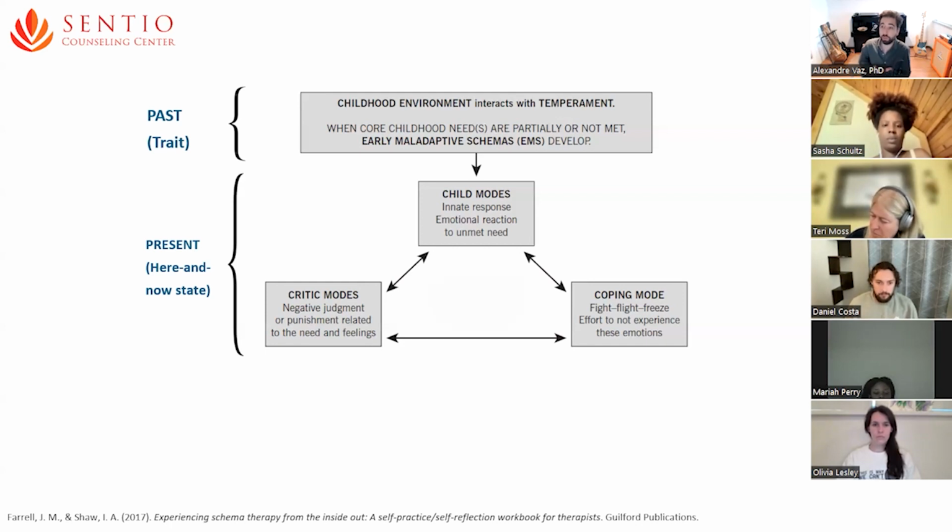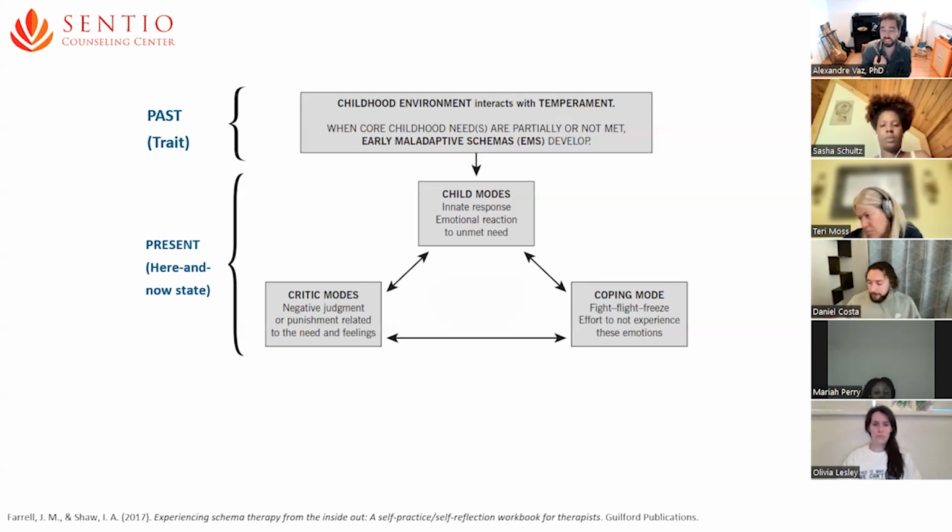Okay? And remember, the reason why we value emotional work and want to go into primary emotions is that emotions have a biological reason to exist. Emotions tell you what your clients need, right? So we need to access our client's child mode, or vulnerable child mode, or primary emotion, whatever you want to call it. We need to access that in order to understand what they need to feel better.